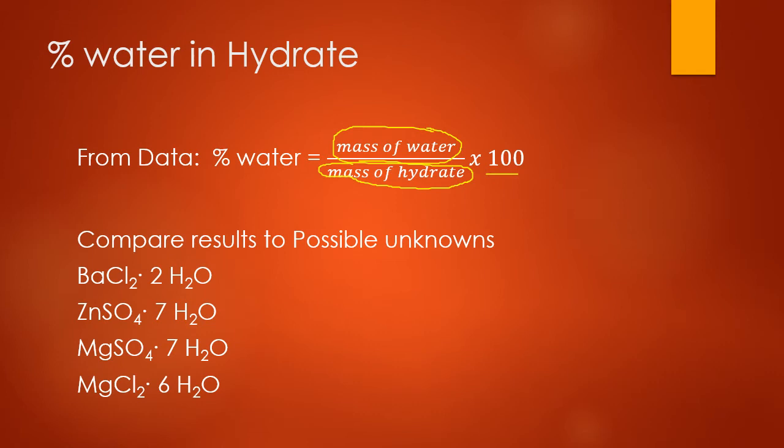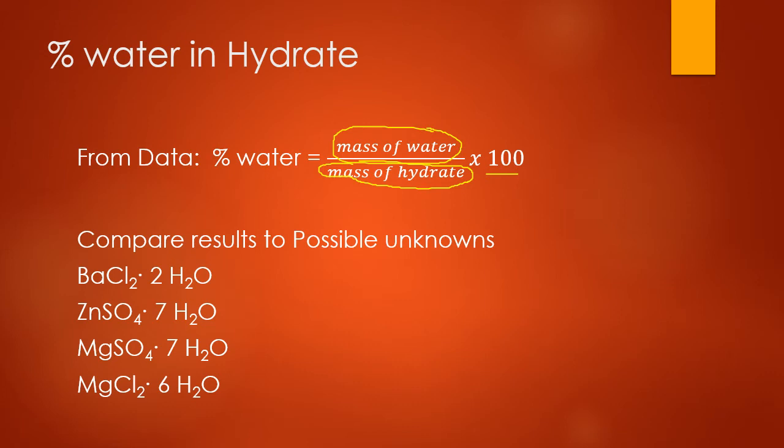The reason we are calculating the percent water in the hydrate is because we're trying to identify what the unknown hydrate is. So in order to do that, we need to compare our results, our percent water, to the possible unknowns. Underneath calculating the percent water in the hydrate sample are 4 unknowns that I have listed here.